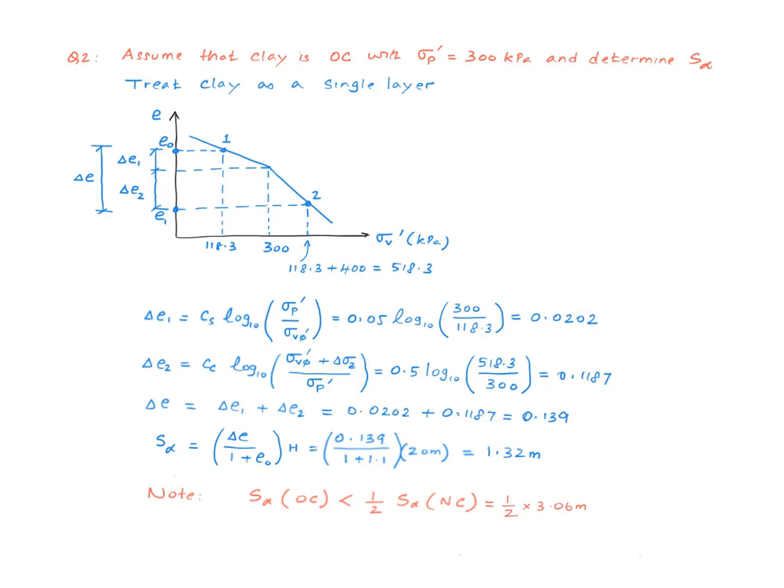This is in fact the purpose of preloading. You try to over-consolidate the clay as much as possible before you build structures on it, so that your starting point is going to be on the swelling line, and at least part of the settlement is going to take place on the swelling line, which will be much less than if the initial point had lied on the normal consolidation line.